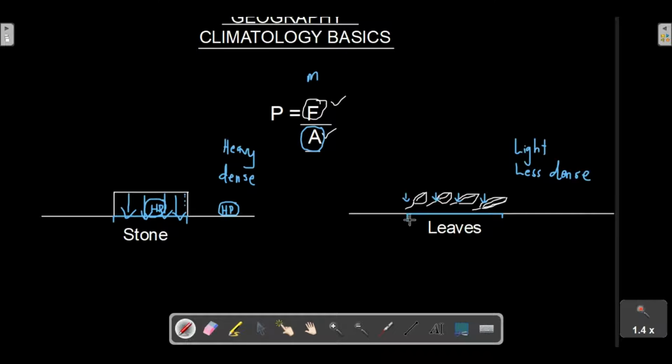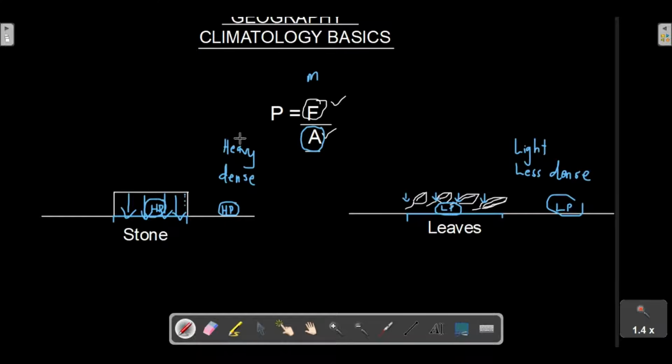So relatively, the leaves create an area of low pressure on the ground, because they have a smaller mass and hence exert a smaller force onto the ground. So now we know that if an object is less dense, it is associated with a low pressure, or puts a low pressure on the ground.